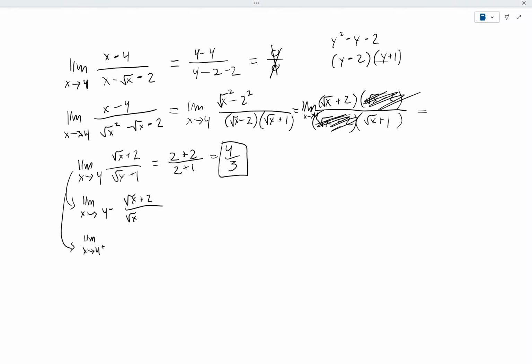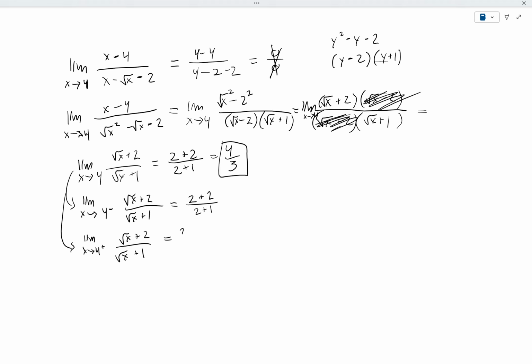Okay, so let's just plug them in since we already canceled out those two factors that were giving us 0 over 0. So we'll plug in 4 from the negative direction, and we end up getting 2 plus 2 over 2 plus 1.